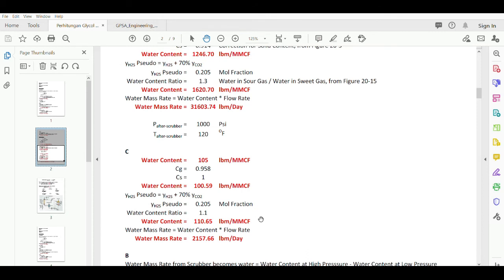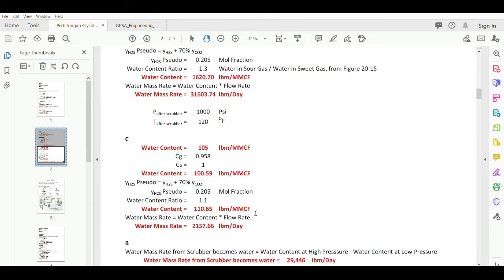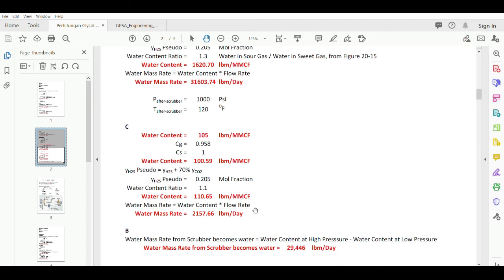Remember that we calculate pound mass per day, so just multiply by flow rate. It means that actually at first we have almost 32,000 pound mass per day. We have only 2,200 pound mass per day because of reducing the pressure and temperature. So what's going up to the scrubber is around 29,000 pound mass per day.